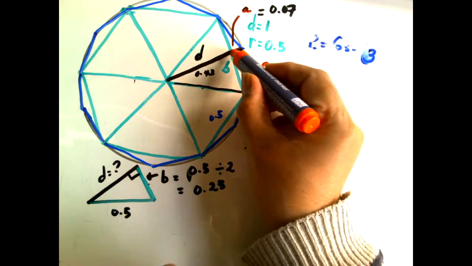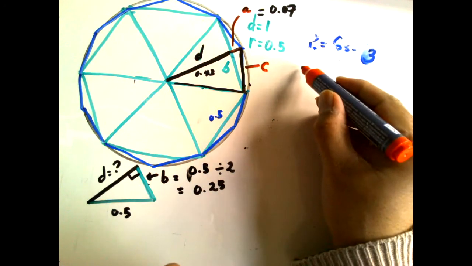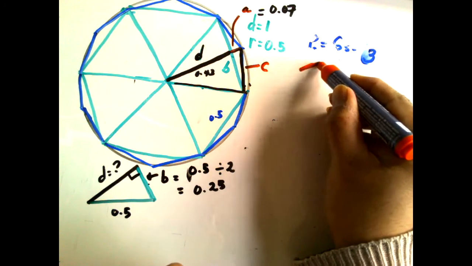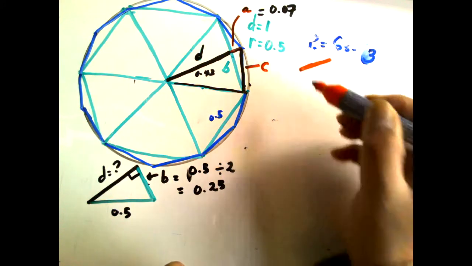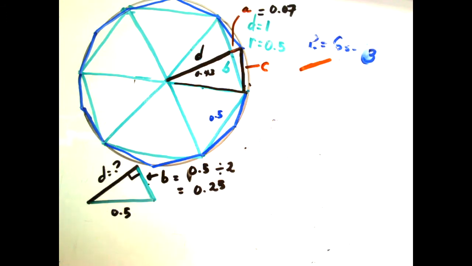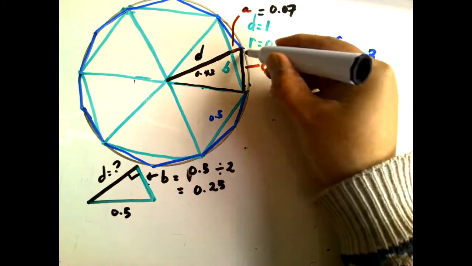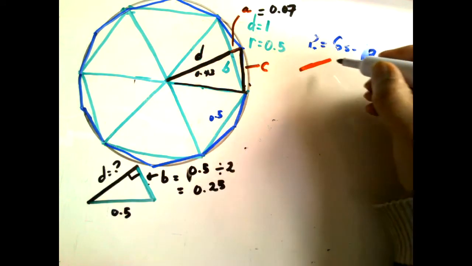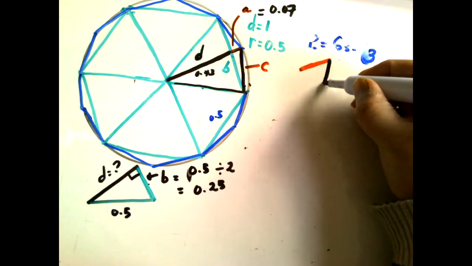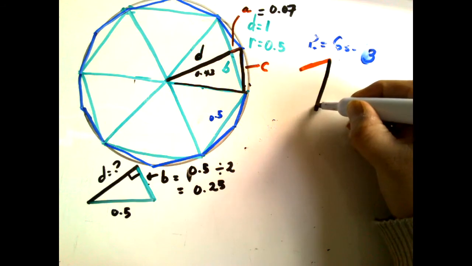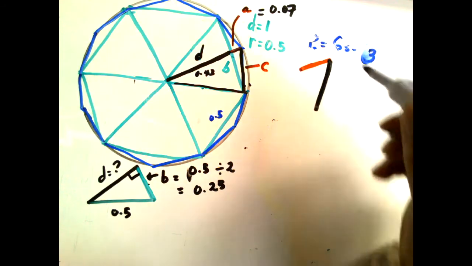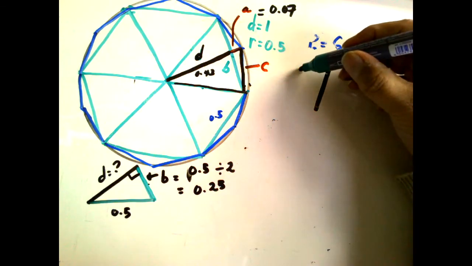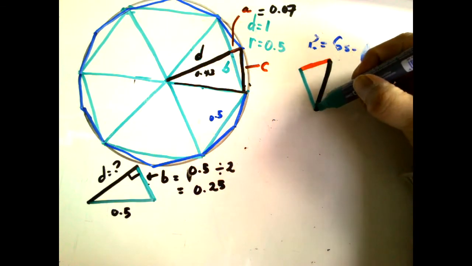So this line here would be here. Now let me just keep the same color. Make it bigger. This line here, that's the side of this 12-sided figure. That's one of the sides. And then finally, we have this line here, which is the B side.